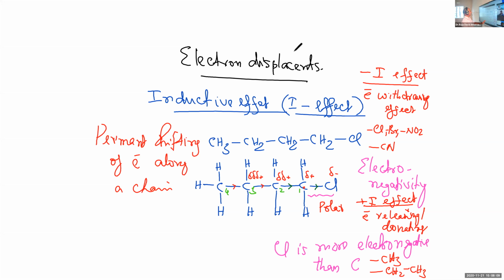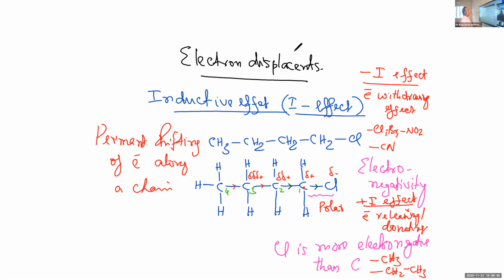Now you come to the end of the inductive effect. I told you there is a displacement of electrons. How long does the displacement persist? The electron displacement effect, inductive effect, vanishes after 3 carbon atoms normally.